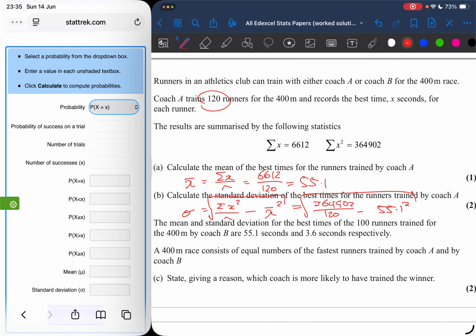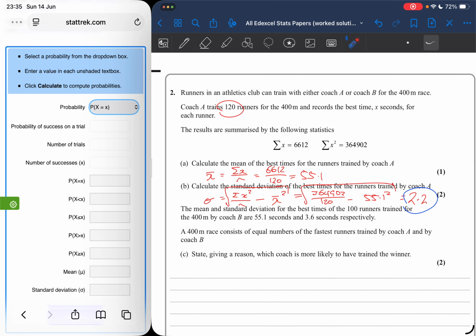Let's fill that in. 364,902 divided by 120, take away 55.1 squared. Gives me a big old number, doesn't it? Oh, actually quite small, 4.84. Let's square root that afterwards. It seems small already. It's a very small standard deviation. 2.2. The answer being so nice is a good sign, isn't it? Lovely. Looks good. Let's circle the other one as well.